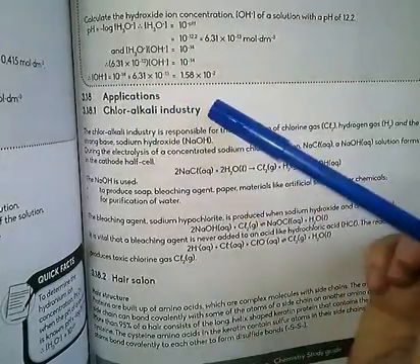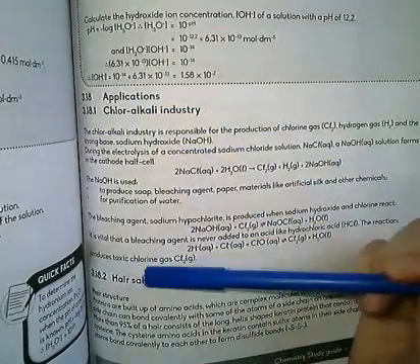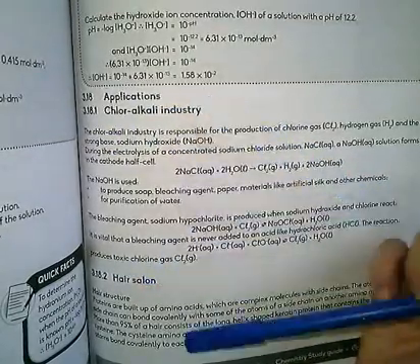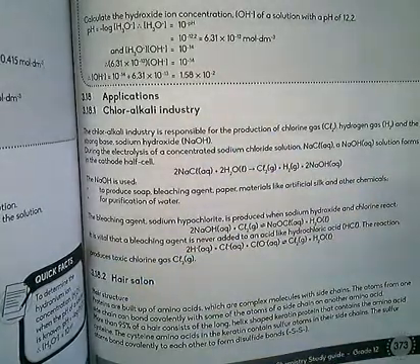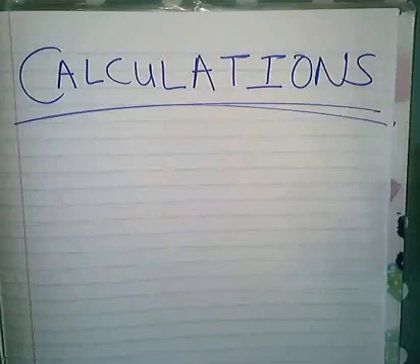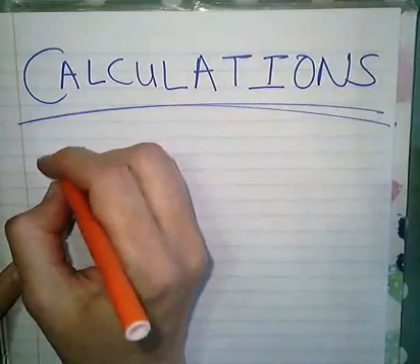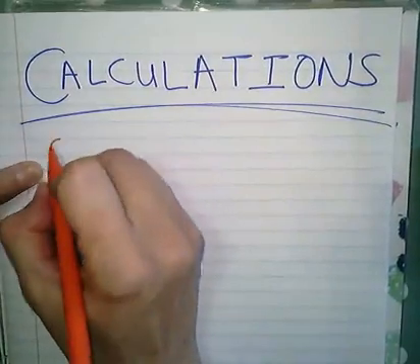Okay, now we're going to start with the calculations. So the first calculation is determining the concentration of a solution. Okay, so this you have done in grade 11. So I'm just going to remind you of the formulas we use.